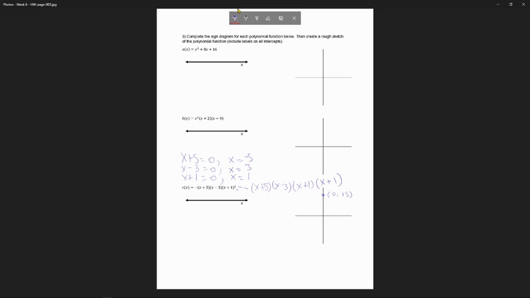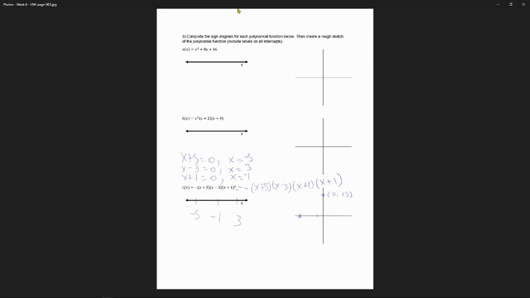Okay, so we found out that we're going to have x be negative 5. That means our y is going to be 0 at x equals negative 5. At x equals negative 1, y is going to be 0. And at x equals positive 3, y is going to be 0. So we can also get these points down on our graph.